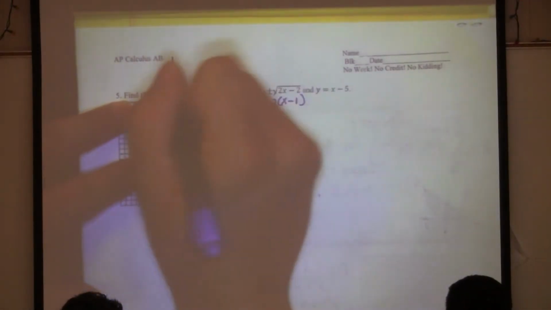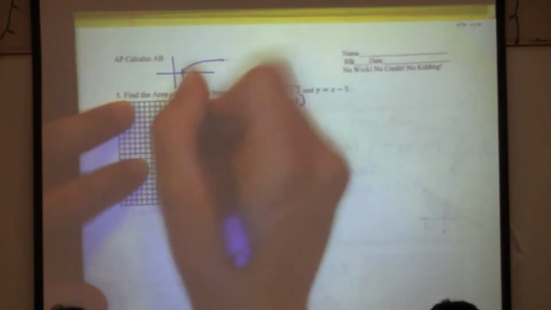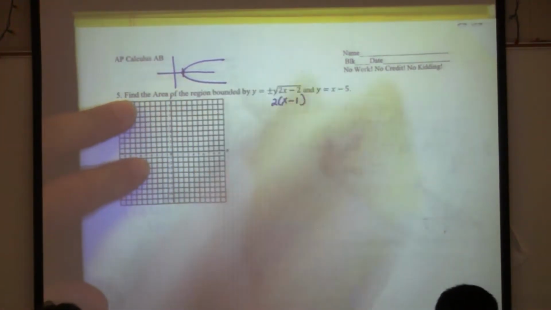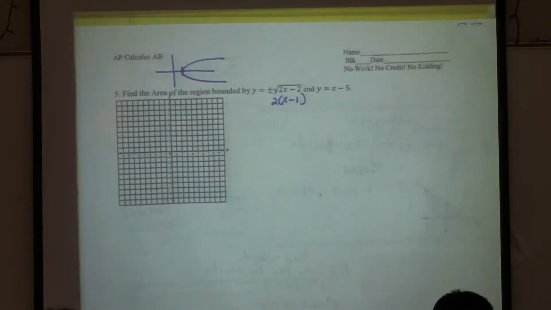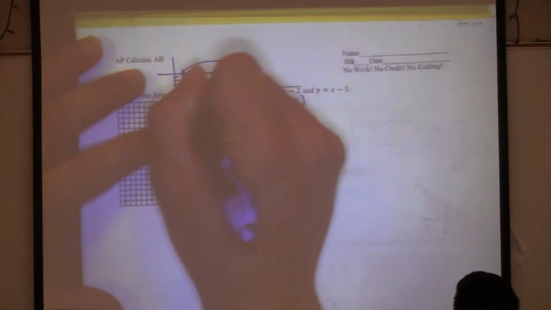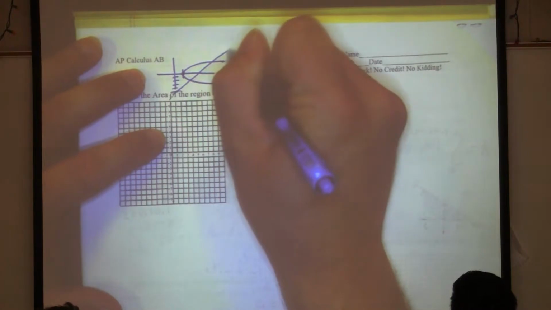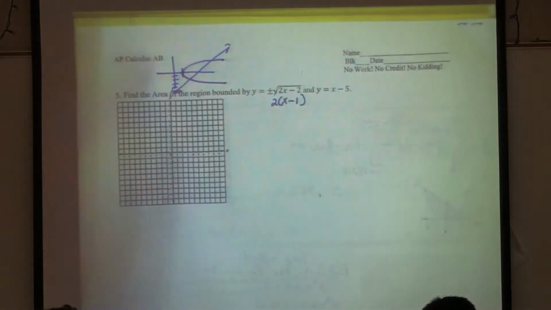So if we're trying to draw a sketch, moves 1 to the right, we have the positive square root and the negative square root. Cool? And then we have x minus 5. So that's going to be a line that went how many units down? 5, and then 1 up on one of the sides, so it's going to end up being like this. Okay, you're just trying to come up with a sketch.